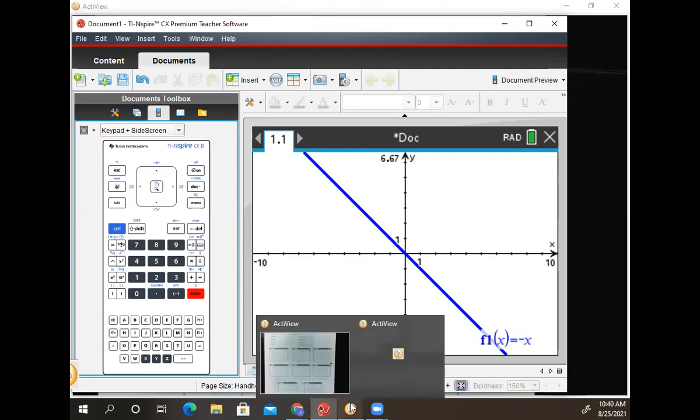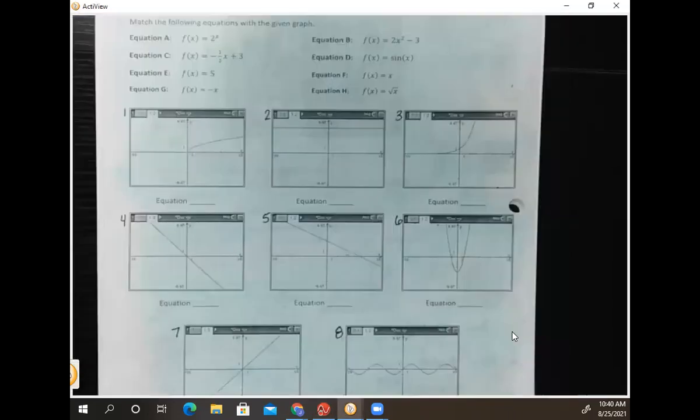Which of our graphs matches negative x? 4, yep. I have a few lines with negative slope, but negative x should go through the origin, and 4 does that. Graph 4 does that.